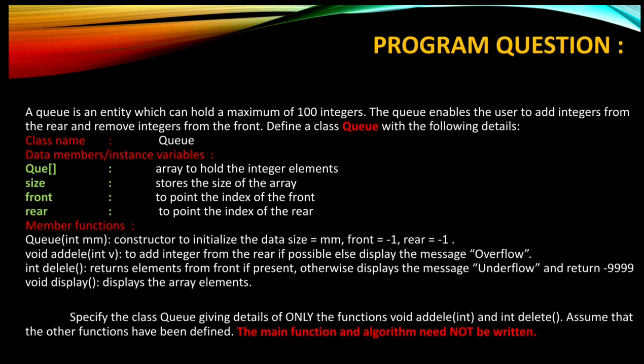And if we are having any element, then we have to return that element. After that we can display elements one by one. Specify a class queue giving the details only for functions. Assume that the other functions have been defined and the main function need not be created.